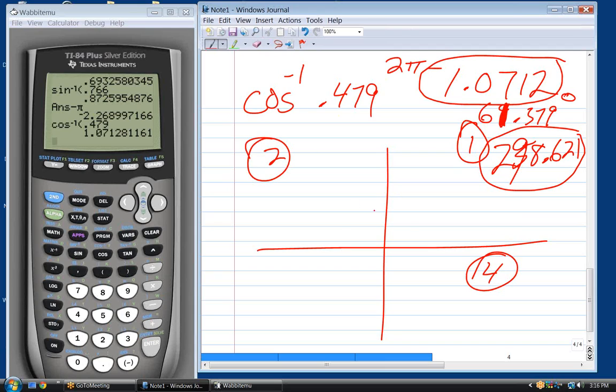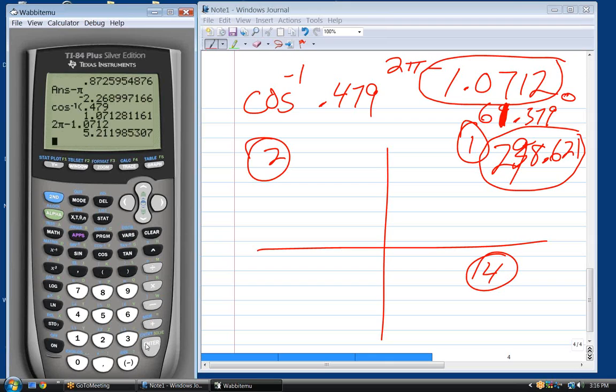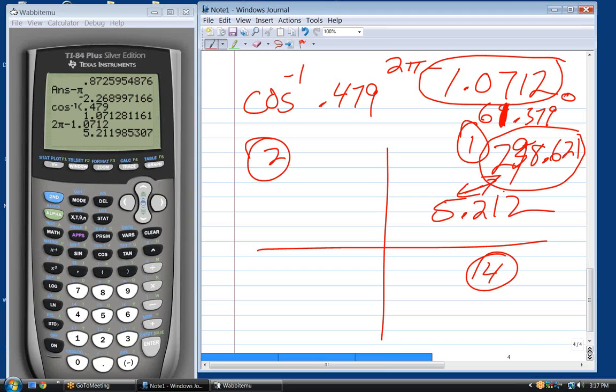Well, what is that? Let's see. 2 pi minus 1.0712. So the fourth quadrant radian answer is 5.212. And that's the one that should match that 298.